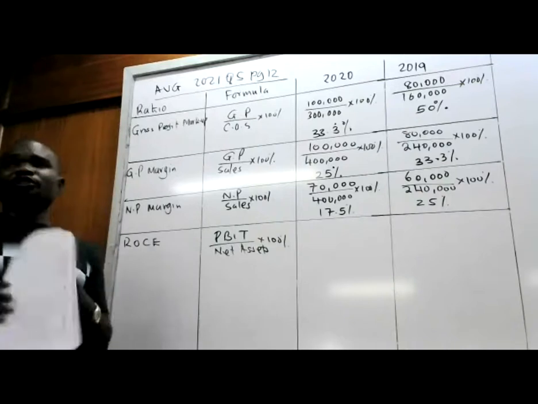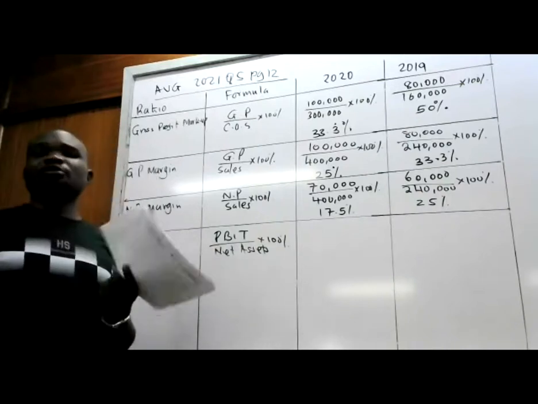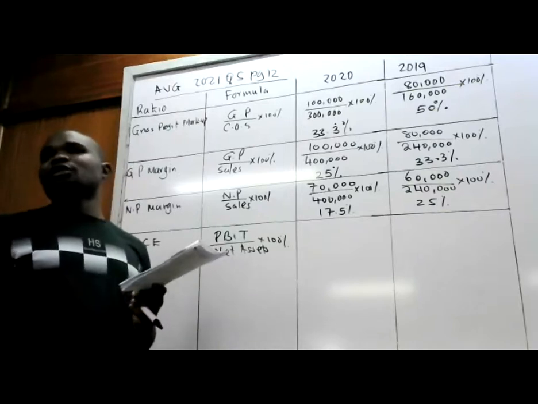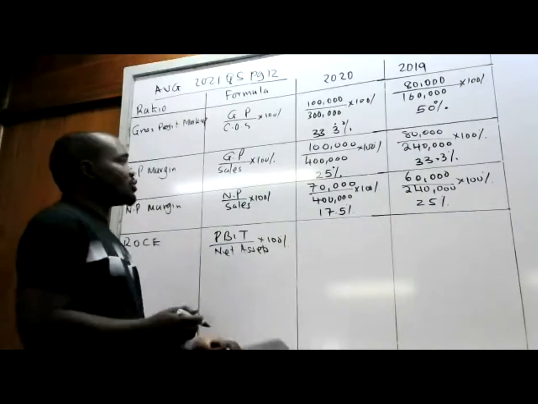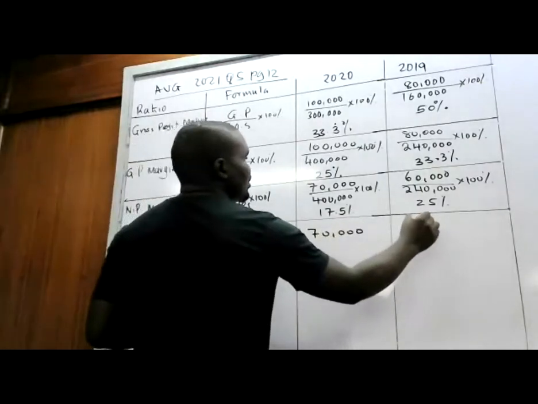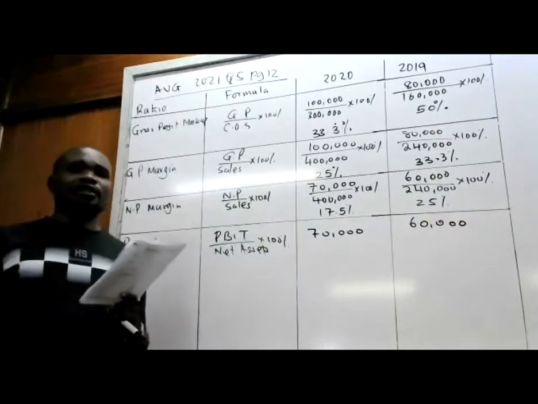So profit before interest and tax will remain the same. Are you seeing interest or tax anyway? No. So the net profit remains the same, 70 and 60. Let it be there.